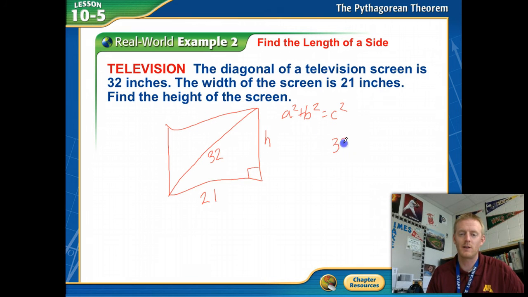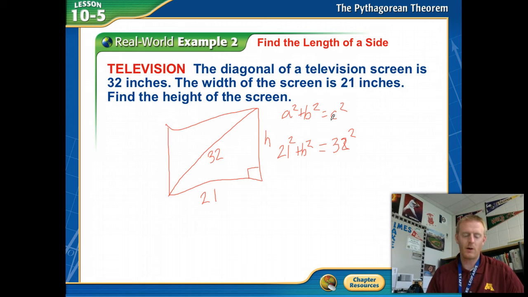So in for c, I put 32, and we're going to square it. And I'm going to pick this 21 to be the a. So 21 squared plus b squared. So I know that I'm going to subtract 32 squared minus 21 squared to figure out what my b squared is.